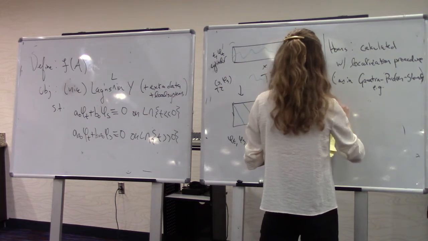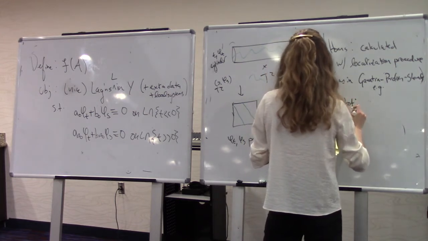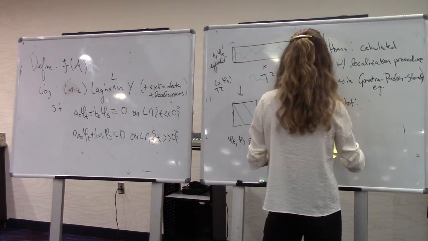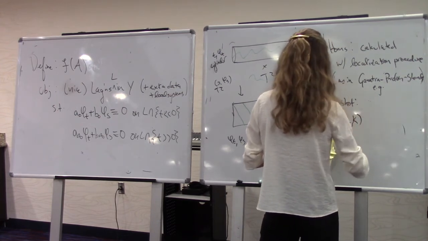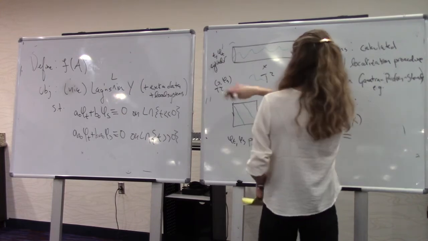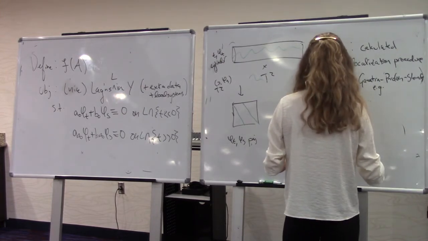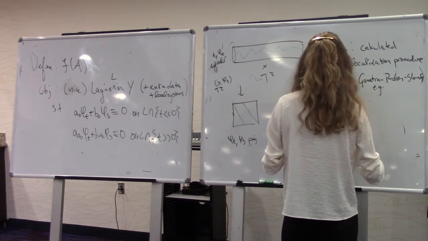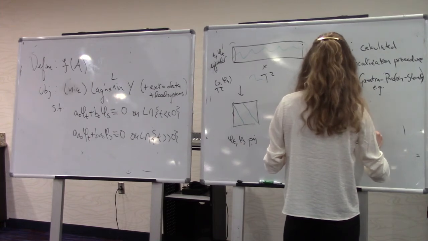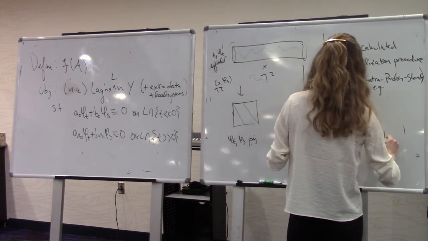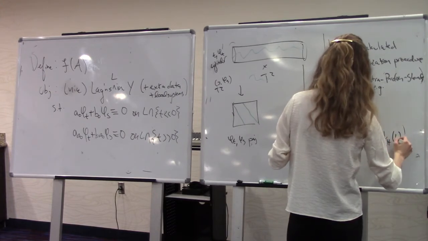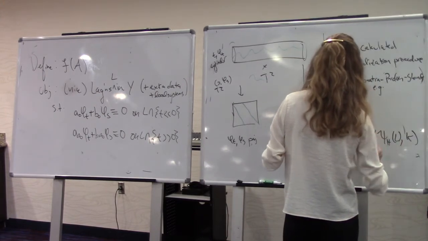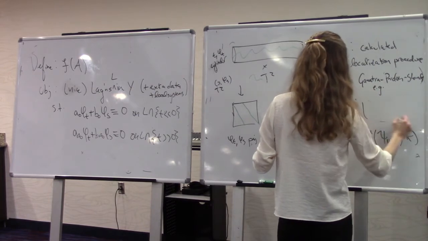But the upshot is that there's a quasi-isomorphism from the Homs of some L and K objects in the Fukaya category to the Floer complex of some Hamiltonian perturbation of L with K, and then H, right here.